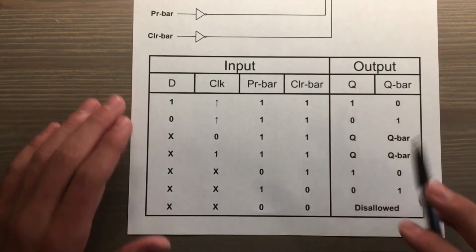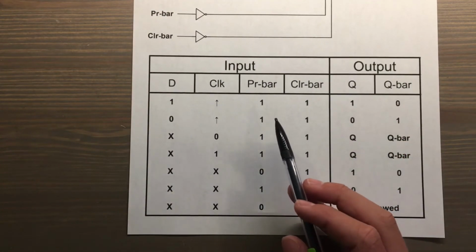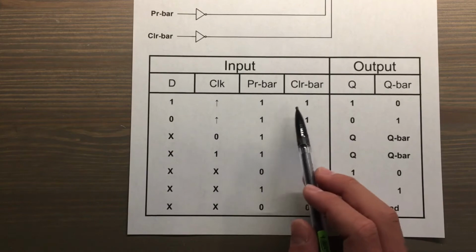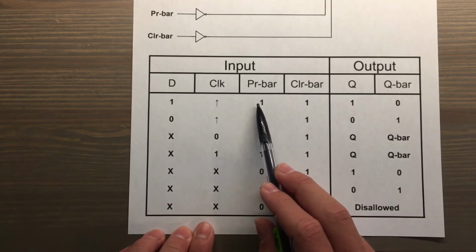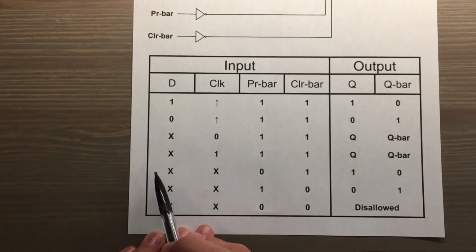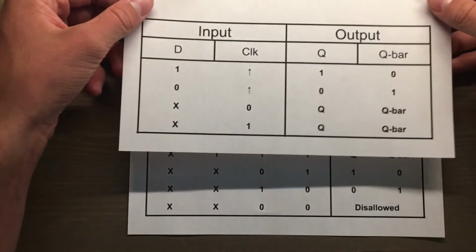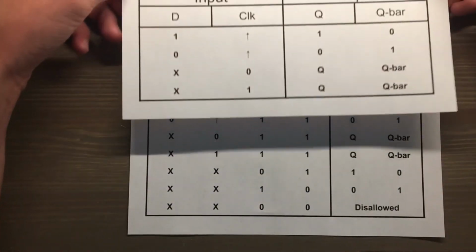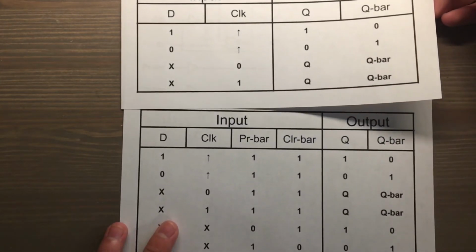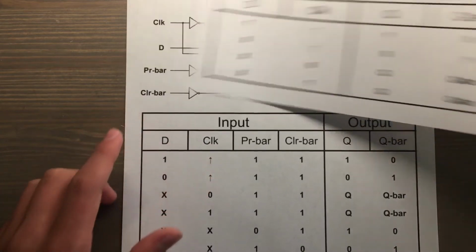If we look at this, we can see that because these are inverted, while the preset and clear are 1, our circuit will function exactly the same as it did here. You can see the top of this table is identical to this one.